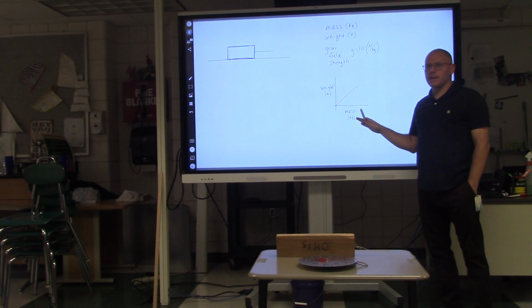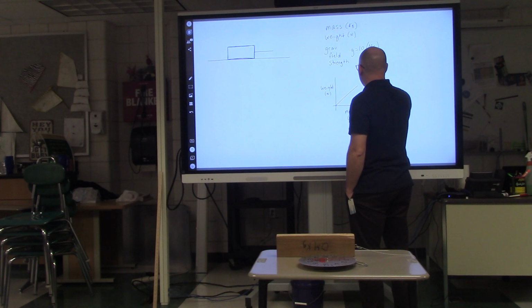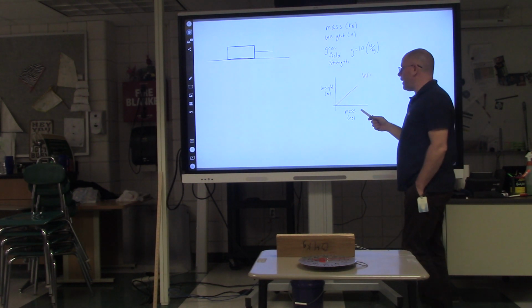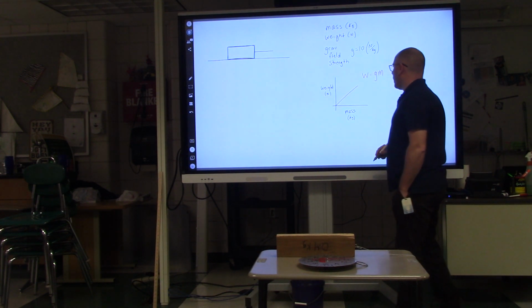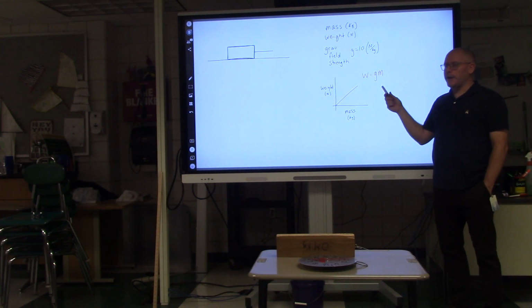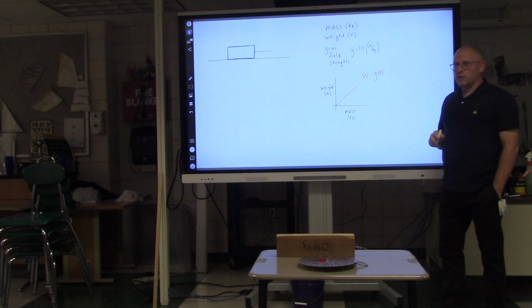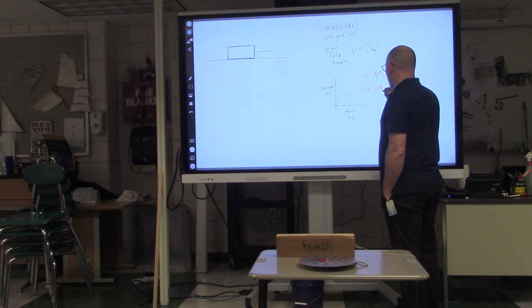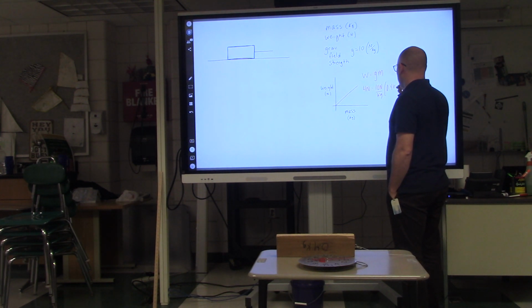The slope of this line was 10 newtons per kilogram. If this is y equals mx plus b, the slope was the gravitational field strength. So to find the weight, you take the gravitational field strength times the mass. That's how we know this block weighs 4 newtons, because it's 10 newtons per kilogram times 0.4 kilograms.